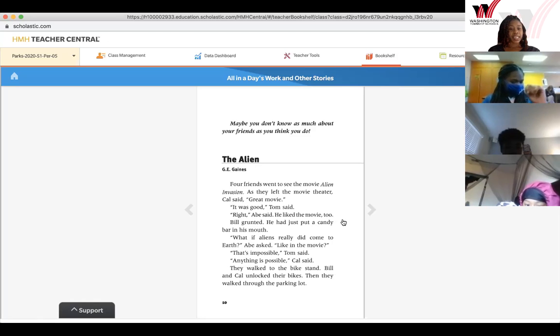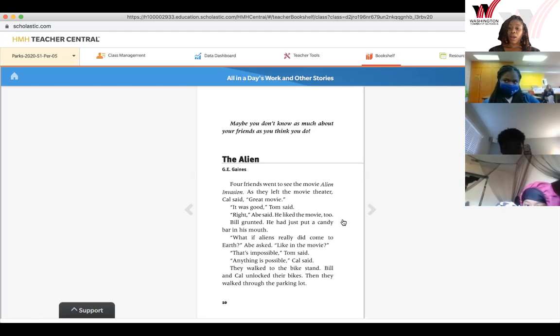He had just put a candy bar in his mouth. "What if aliens really did come to Earth?" Abe asked. "Like in the movie?" "That's possible," Tom said. "Anything is possible," Cal said. They walked to the bike stand. Bill and Cal unlocked their bikes. Then they walked through the parking lot.